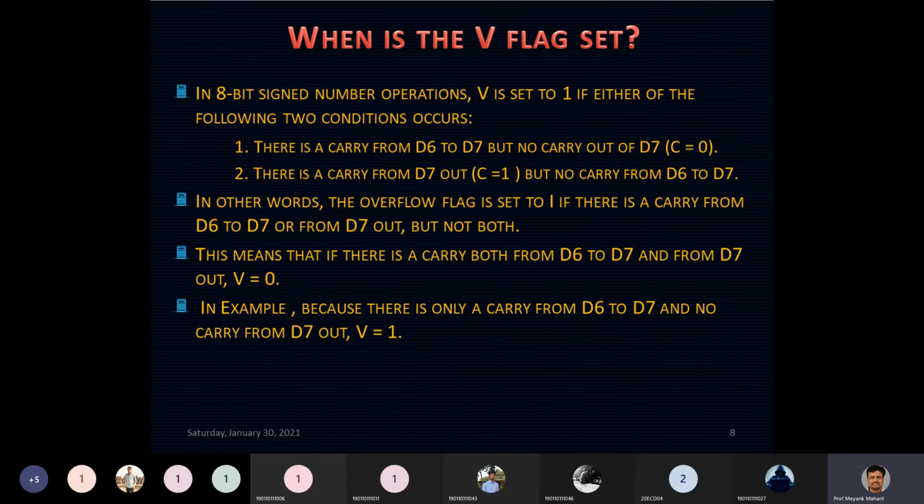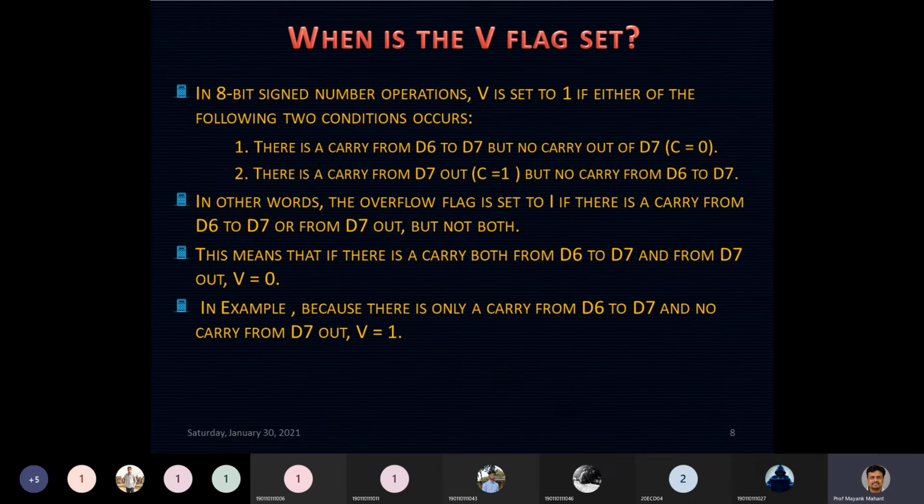So let us see what the conditions are when the V flag is set. In 8-bit signed number operations, V is set to 1 if either of the following conditions occurs. There are two conditions.